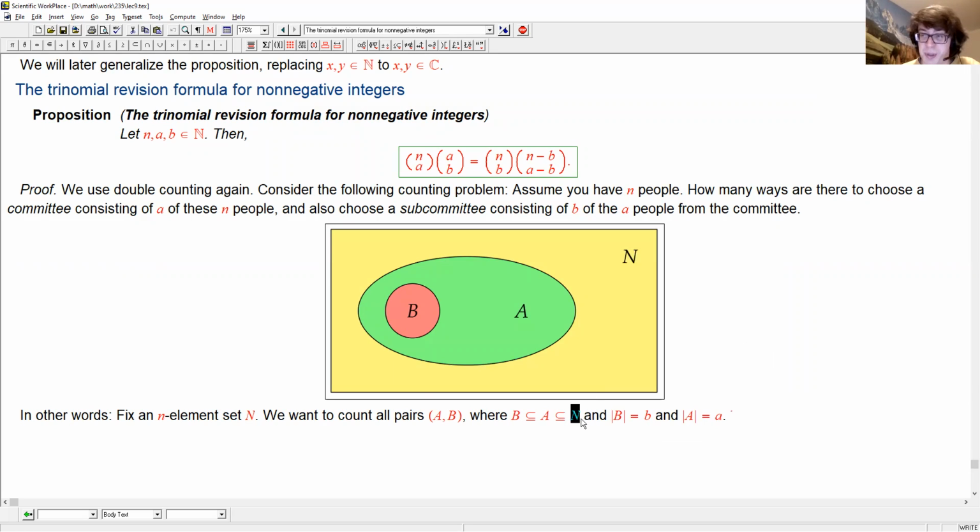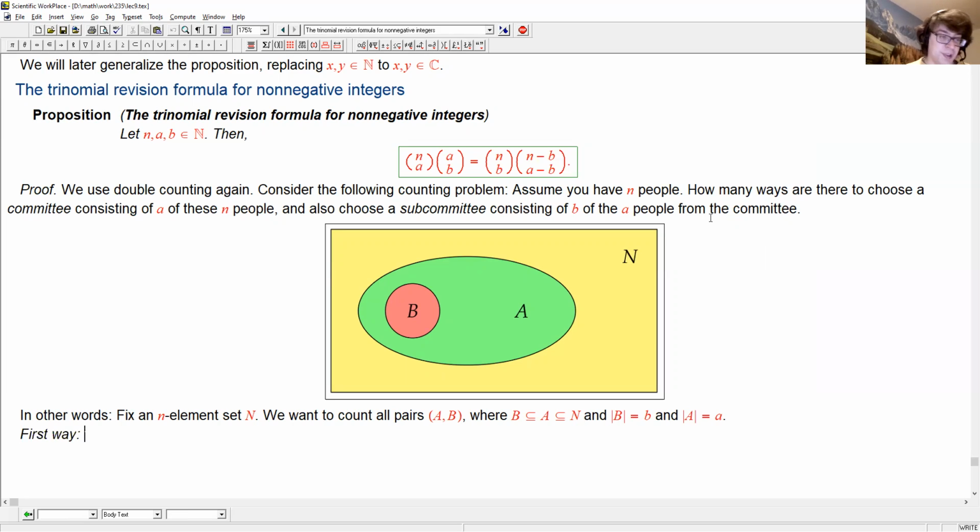So N is our n people, A is the committee, B is the subcommittee, and we have to choose both A and B. Okay, this is a counting problem. Let's solve it in two ways, ideally getting this in one way, and this in the other.